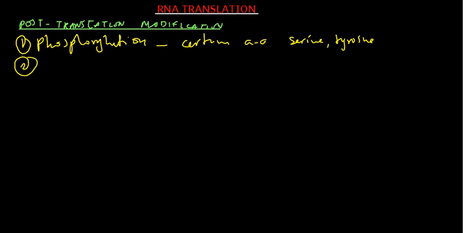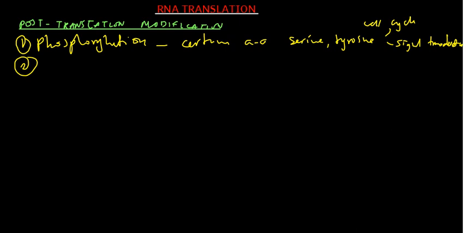That is the importance of phosphorylation, in the cell cycle and also in signal transduction. That is the main reason as to why we have to do this. That's why we need to add a phosphate.